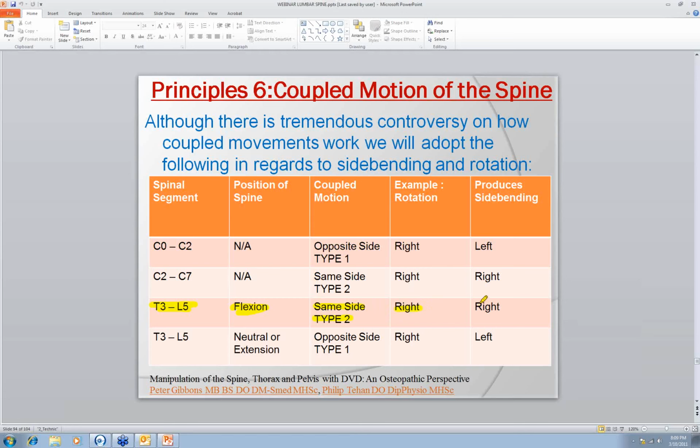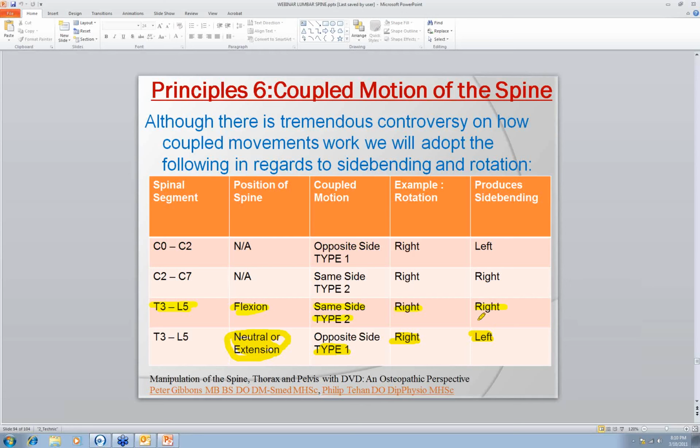So right rotation will produce right side bending. But if the position of the spine is either neutral or extension, then the coupled motion is a type 1 motion, where right rotation will produce a left side bending. You see the difference?